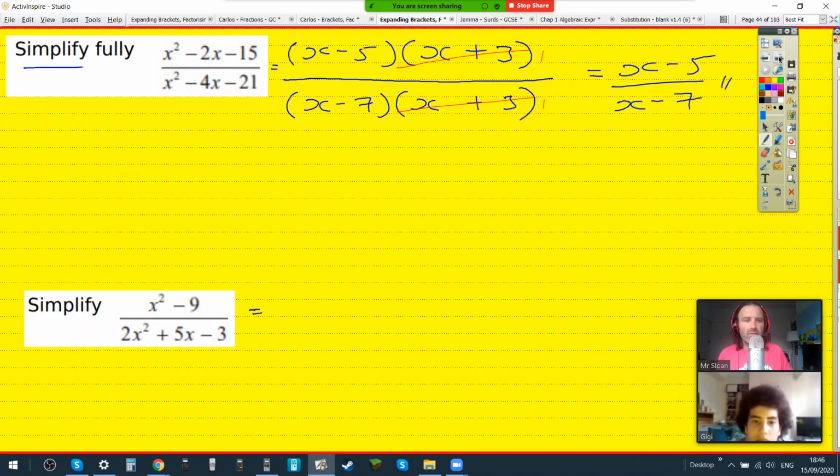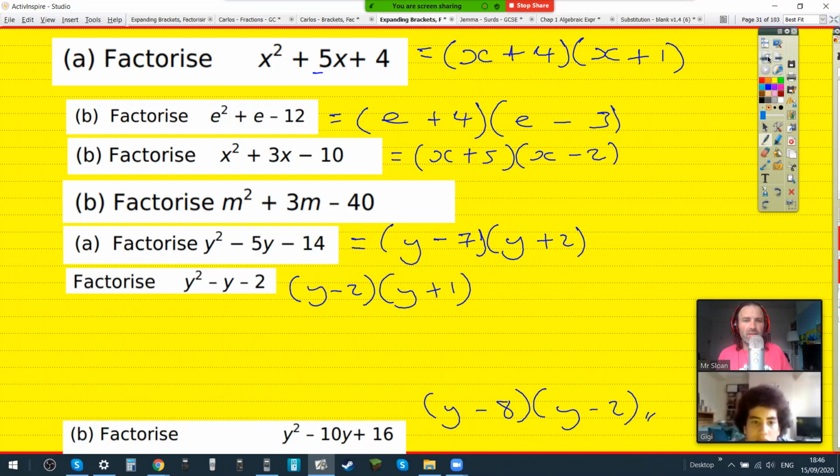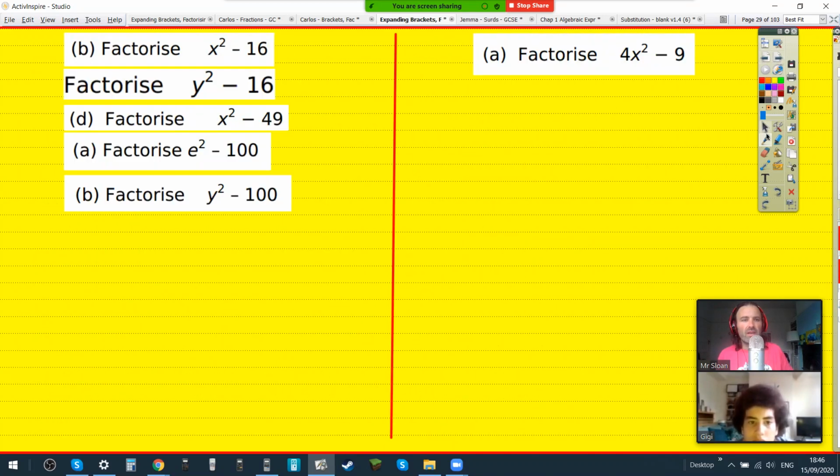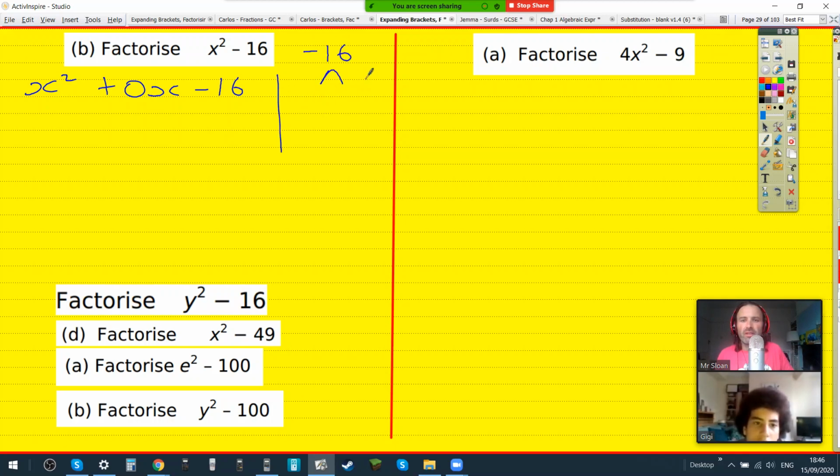We kind of skipped that. I forgot to go back to it. It's because my lesson isn't in a good order. This is what I skipped. What if I wrote that first one as x squared plus 0x minus 16? So we need two numbers that multiply to make minus 16 and add to make 0.